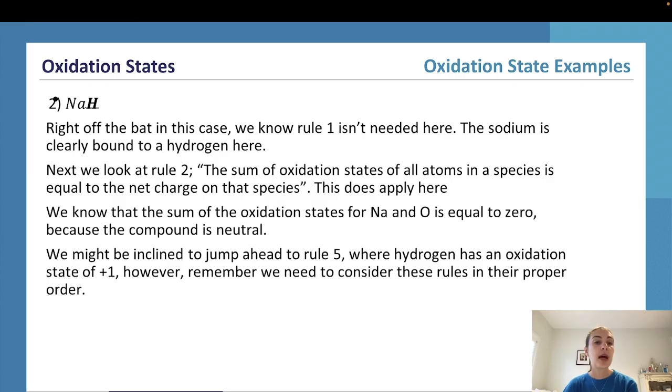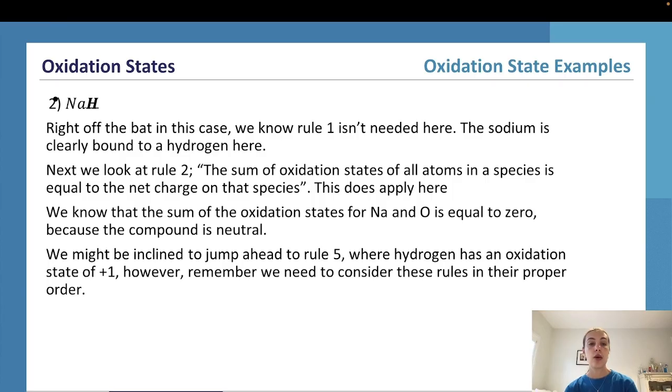Our next one which we have is NaH, sodium hydride, and so right off the bat in this case we know that rule number 1, we don't need that because we've got two different types of elements in this one particular compound, and we can see that sodium is bound to a hydrogen, hence there's two different elements.